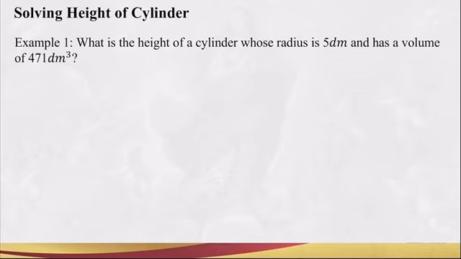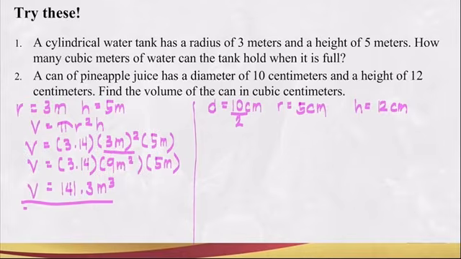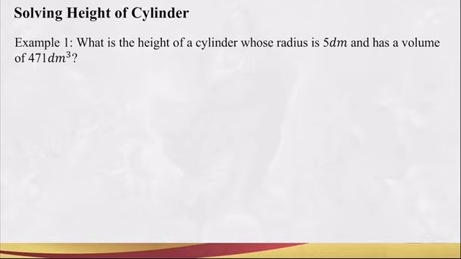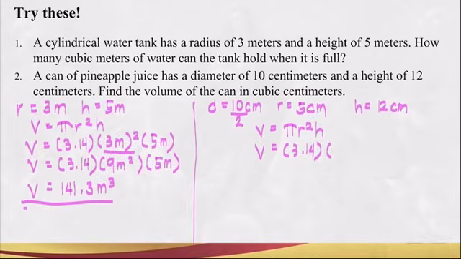Then, next step is you copy the formula. So, V is equal to pi r squared h. Step number 3 is to substitute the given. So V is equal to 3.14, r is 5 centimeters squared, h is 12 cm.